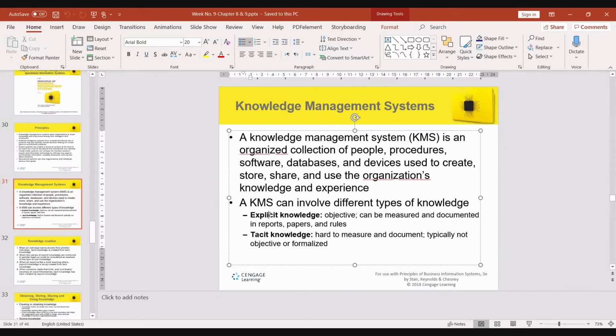So explicit knowledge, you have to create it. Again, it will be written down. You're following some rules. Okay, did you get this? Yes, Doctor.